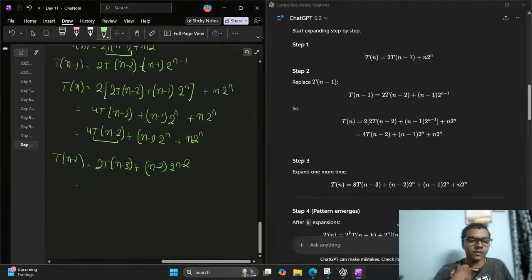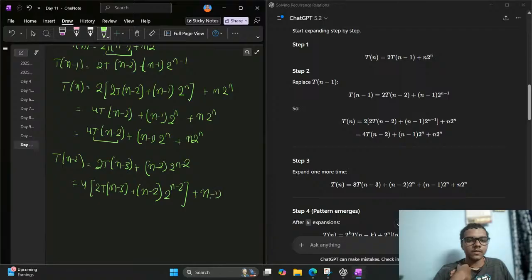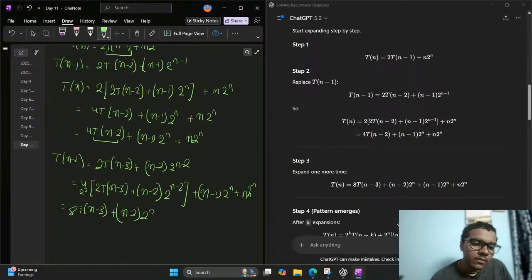Let's put it over there: 4 into [2T(n minus 3) plus (n minus 2) 2 power n minus 2] plus (n minus 1) into 2 power n plus n into 2 power n. This is going to be 8T(n minus 3), and the 2 squared cancels out, giving (n minus 2) into 2 power n plus (n minus 1) into 2 power n plus n into 2 power n.